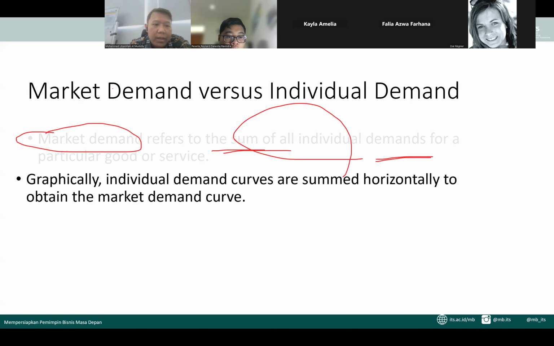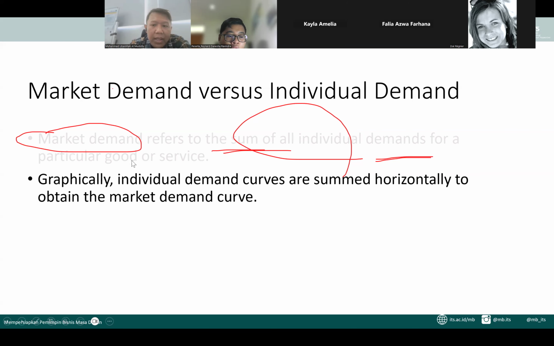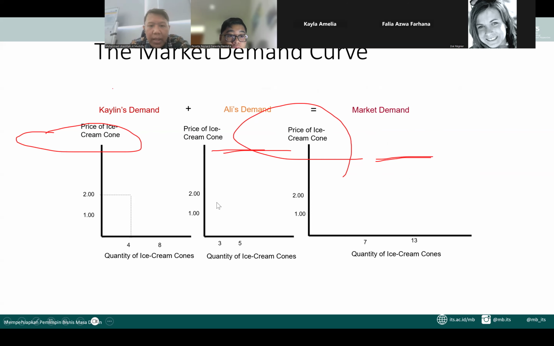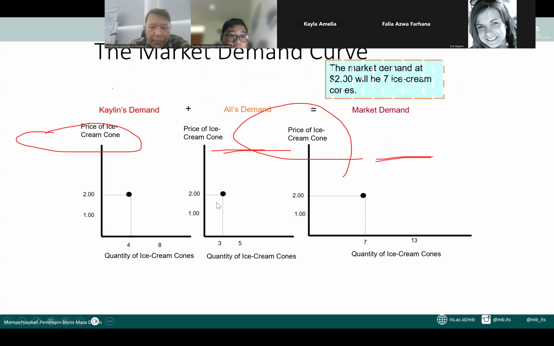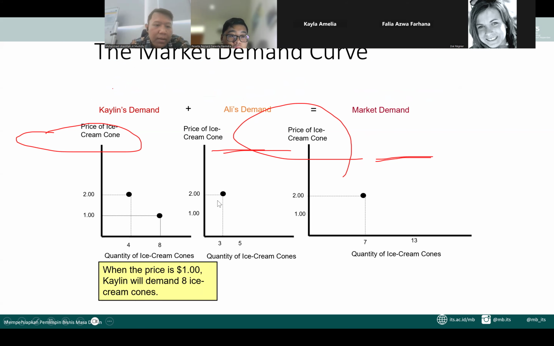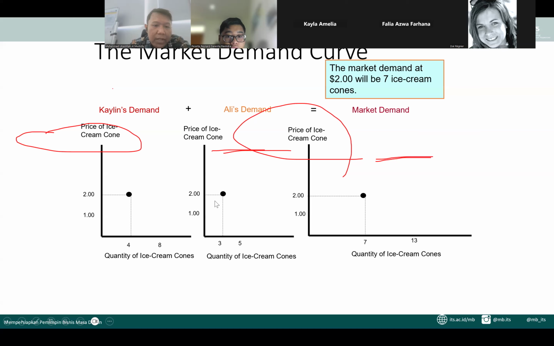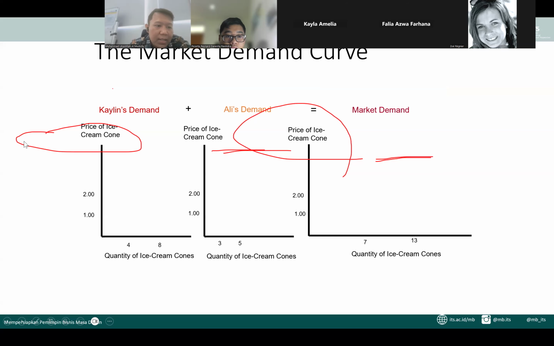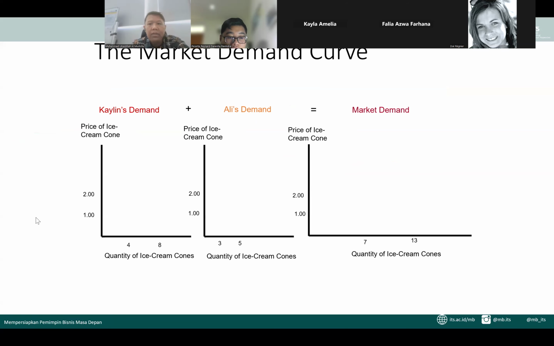Graphically, the individual demand curves are summed horizontally to obtain the market demand curve. So for example, this is an illustration of how we come up with the market demand.